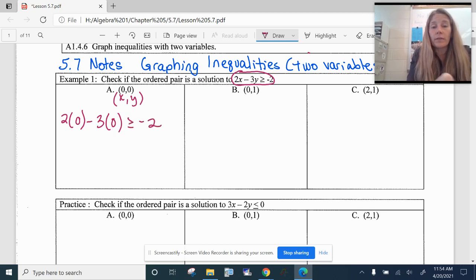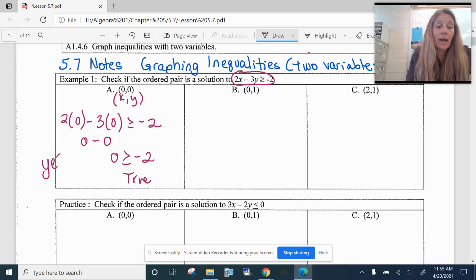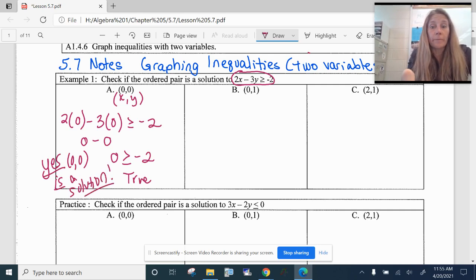And we will want to see if this makes a true statement. So 2 times 0 is 0, 3 times 0 is also 0, so we end up with 0 is greater than or equal to negative 2. Now this, of course, is a true statement, so yes, 0, 0 is a solution of this inequality.